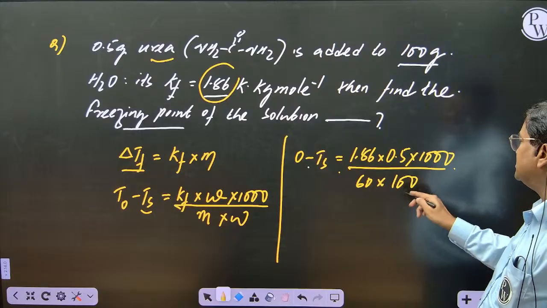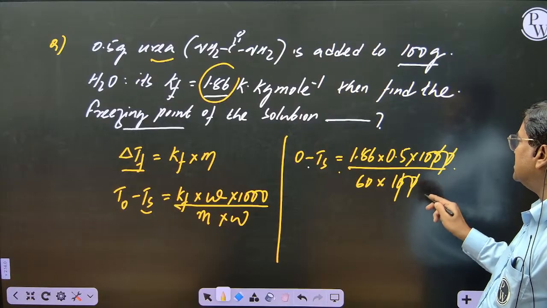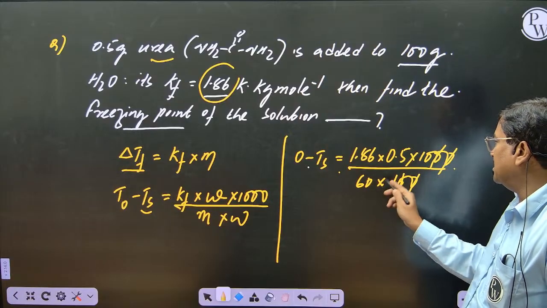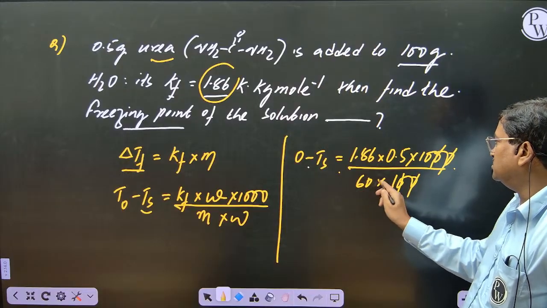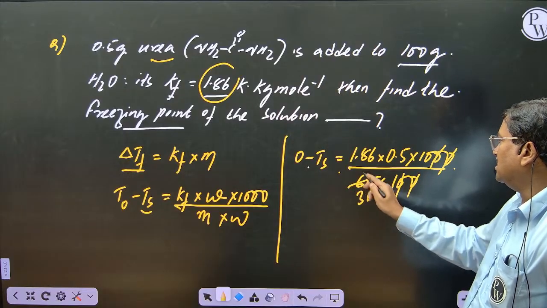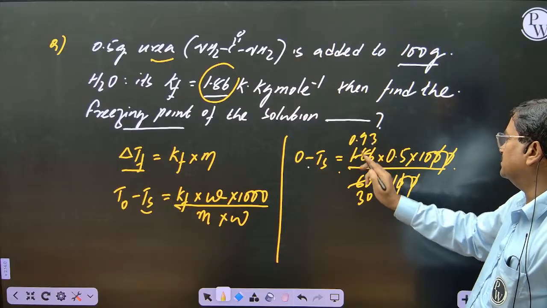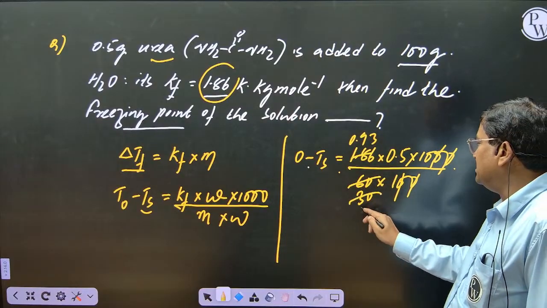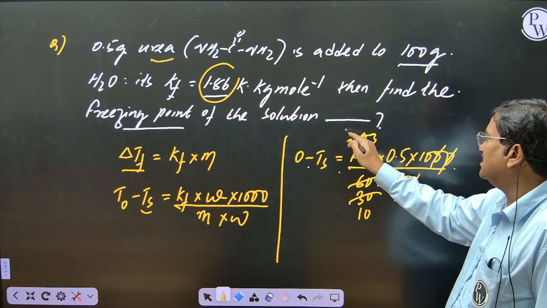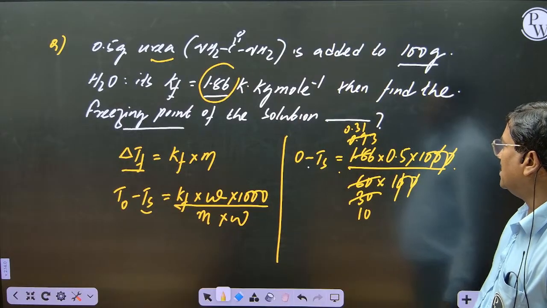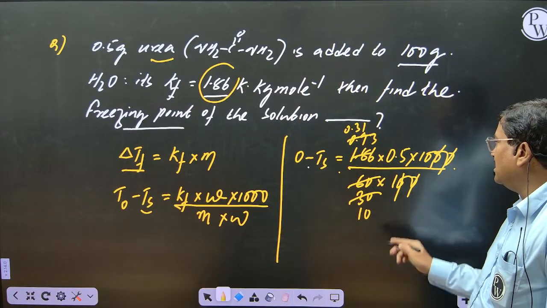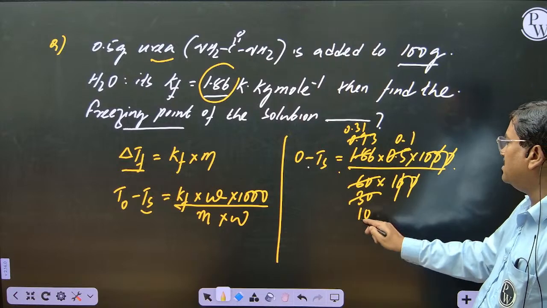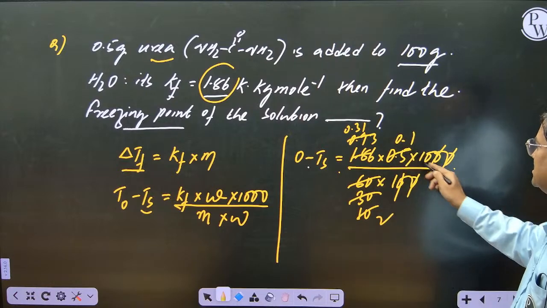So this you cancel, 0, 0 get cancelled, this cancels, this will come how much? See, this one 60, 2 3s are 6, and this can be cancelled, 10 times, 3 ones are 3, 3 3s are 9, 1s are 1. Correct, and 10 will be remaining. This I can cancel, 0.1 by 2. That is nothing but 31.